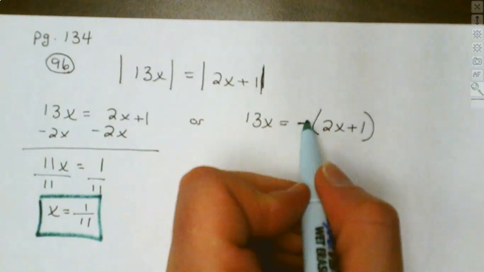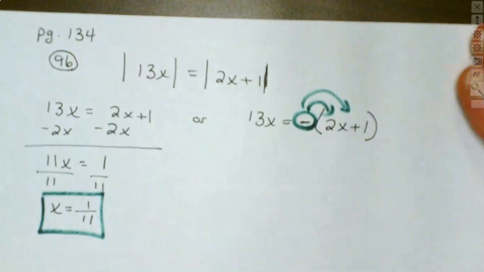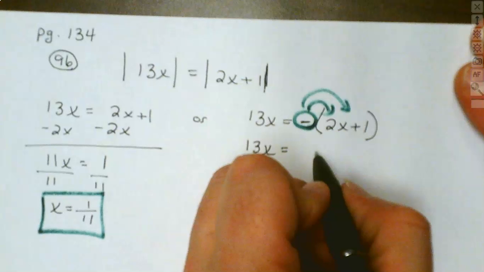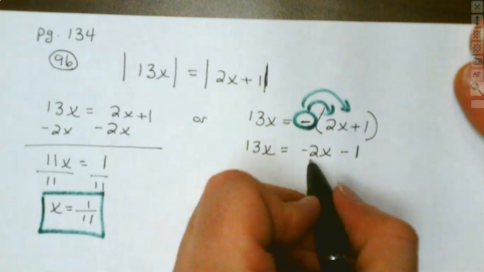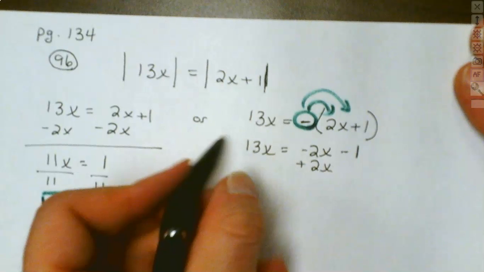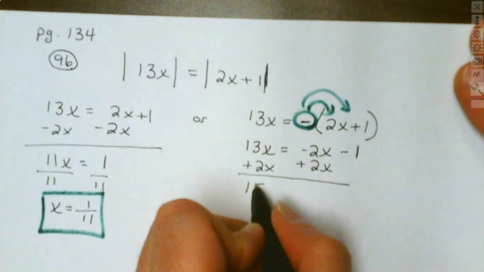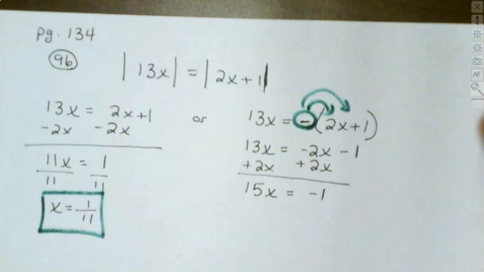Distribute that negative through. And that gives you then 13x equals a minus 2x minus 1. We're going to add our 2x to each side. And that gives me then 15x equals a negative 1.